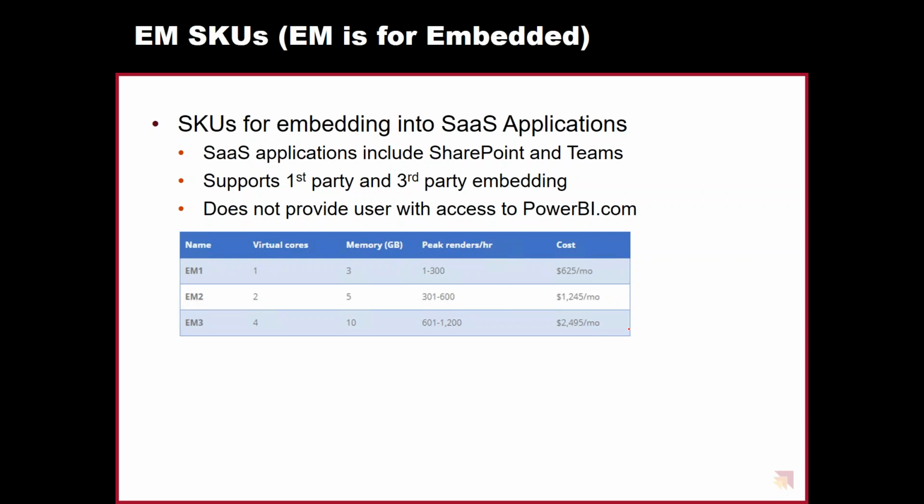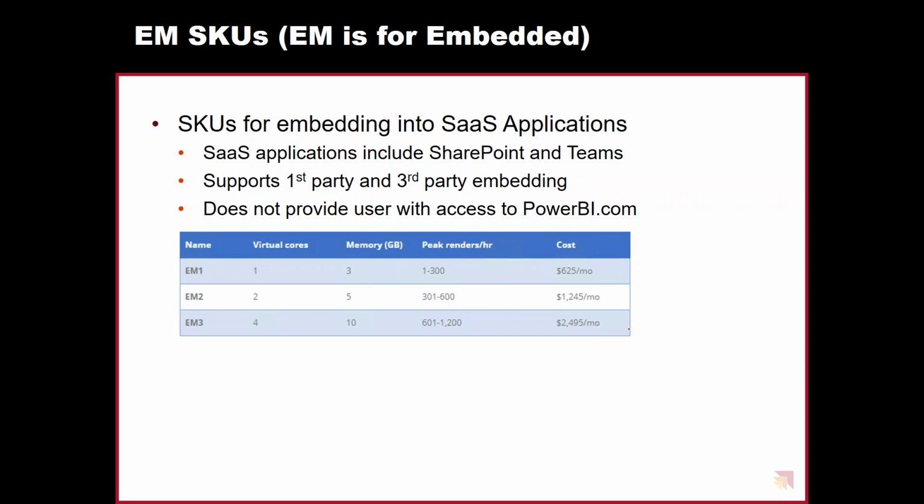Okay. Now, what you'll see is that the EM SKUs are a lot cheaper in the fact that the EM1 starts at $625. And remember that the EM1 and EM2 are shared. You can't really control them. The other thing is that they're a lot cheaper, so Microsoft forces you to do a year commitment to get the EM SKUs.